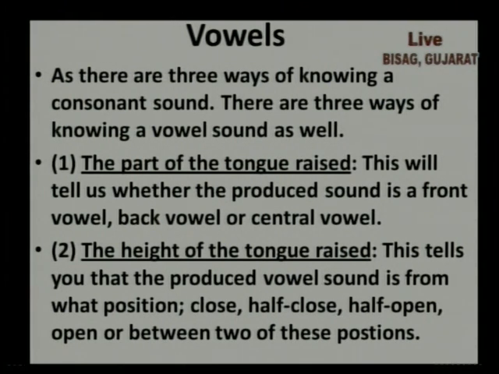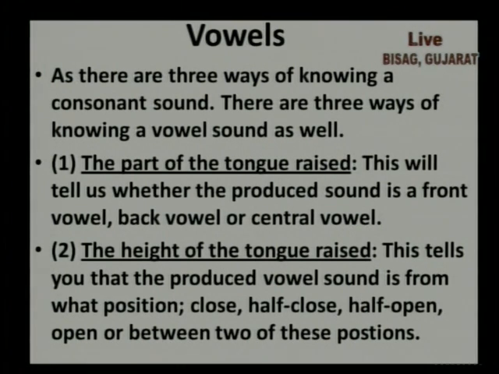Okay, the height of the tongue raised. This tells you that the produced vowel sound is from what position. Now we need to classify the tongue height into 4 parts. That is, close when it touches the upper part, behind the upper teeth, half close, half open, or between any of these positions, like between close and half close, or between half close and half open, any positions.